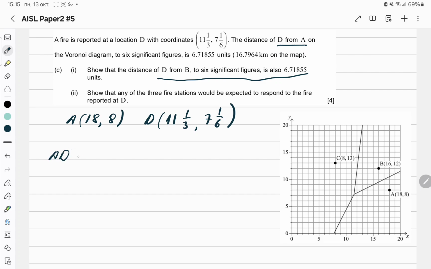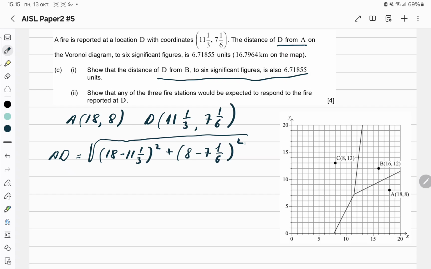According to the formula given in the formula booklet, we just plug all the numbers in, 8 minus 7 1/6 squared, and using a calculator you will get the same result. So long story short, it's just use of the formula and calculator. It's 7.2 to 3 significant figures, but it says we have to leave it in the same form, that's why let's keep it as it is.